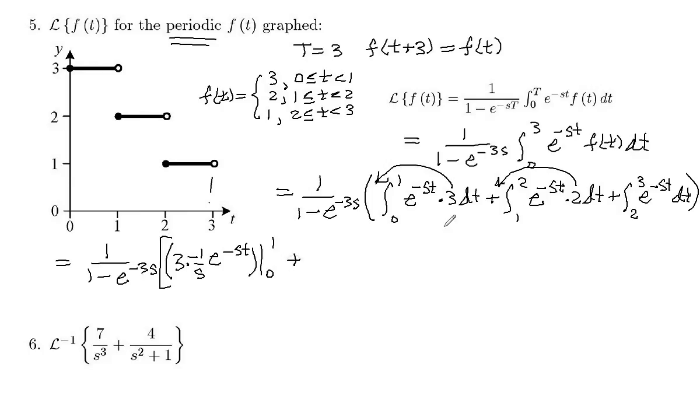And then plus, that 2 is out in front. And then this antiderivative is the same thing, so we've got a negative 1 over s. Actually here, this parenthesis would not go around the 3, just around the negative 1 over s.